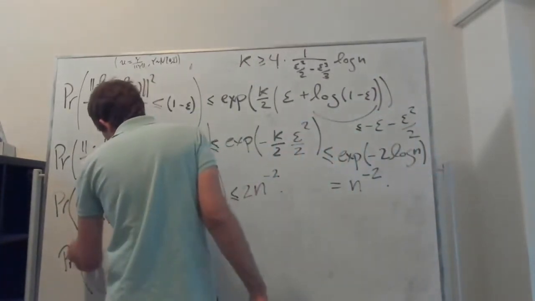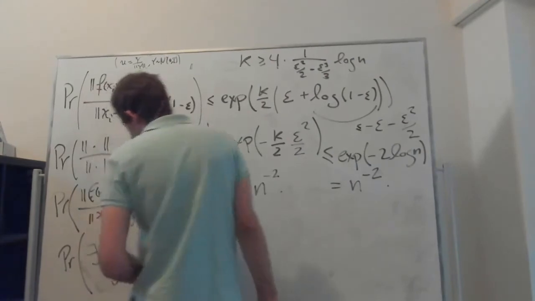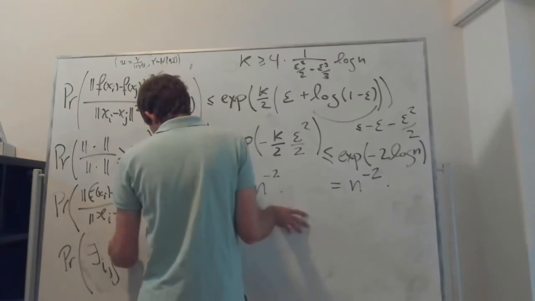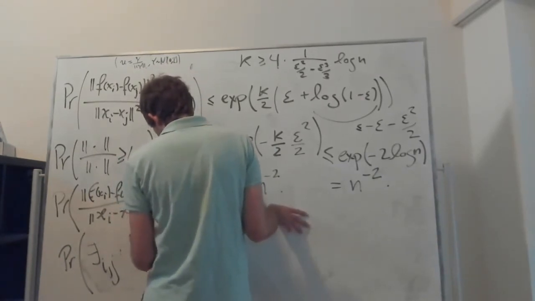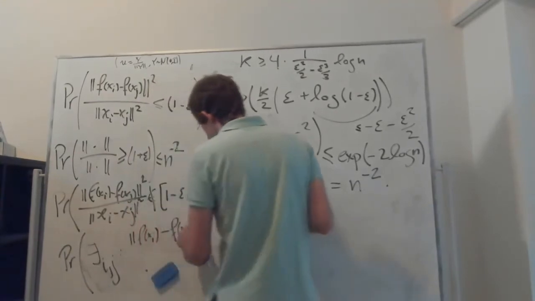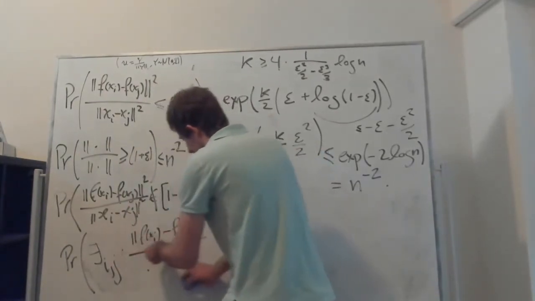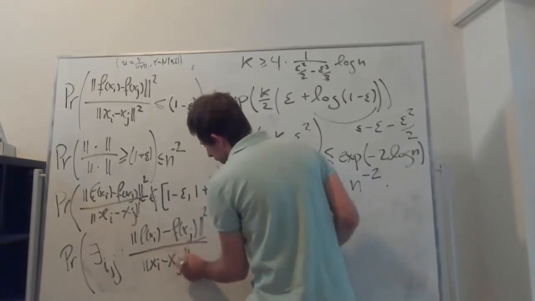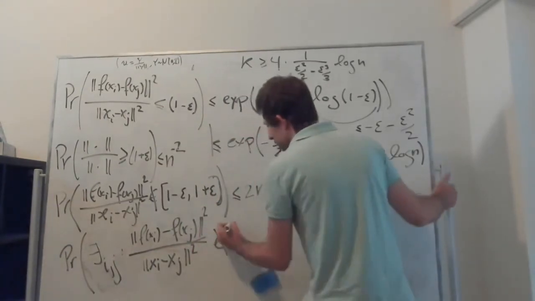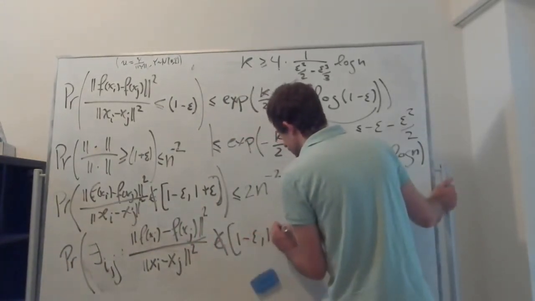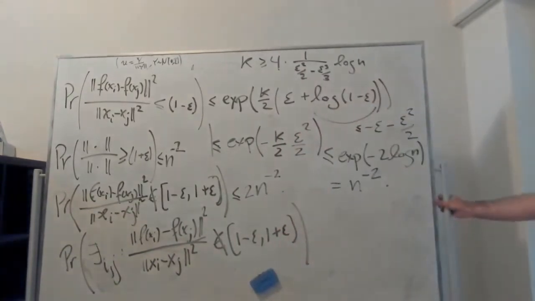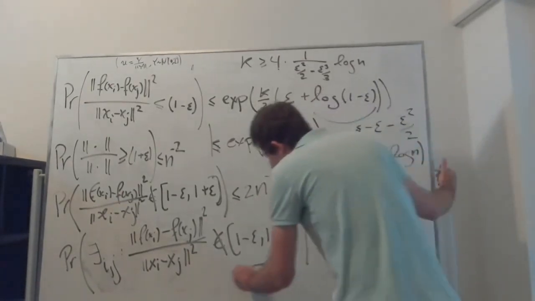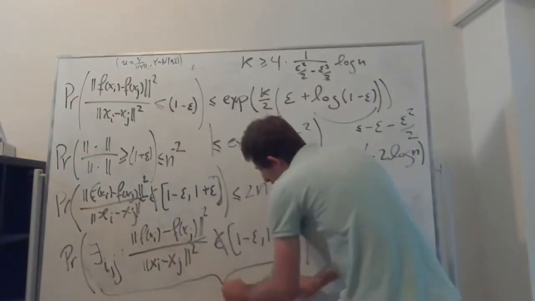So the question is, what's the probability of there existing a pair i and j such that this is not in the interval? This is what failure is. This is really the event of failing to be an epsilon isometry. This is failure.